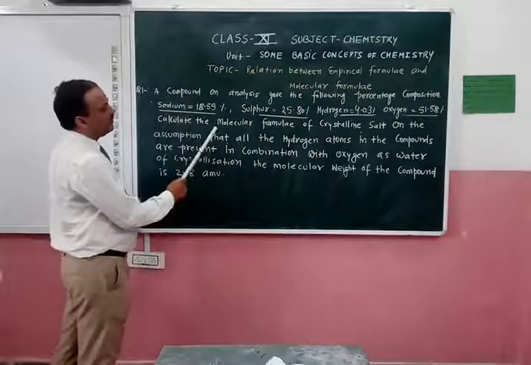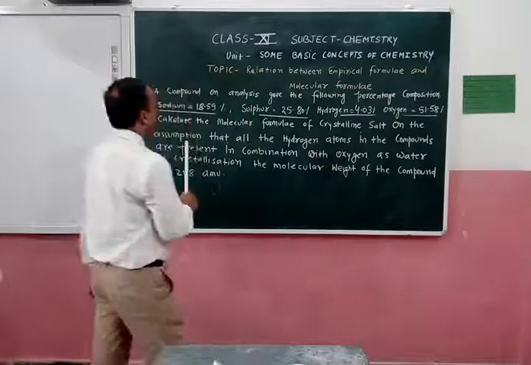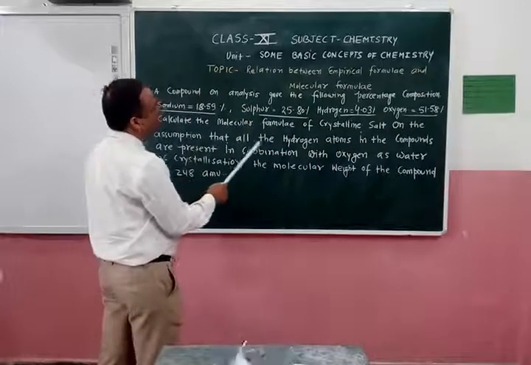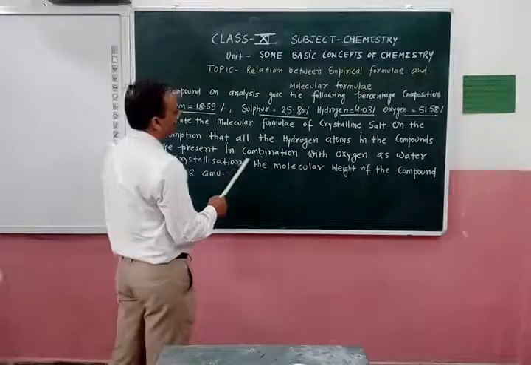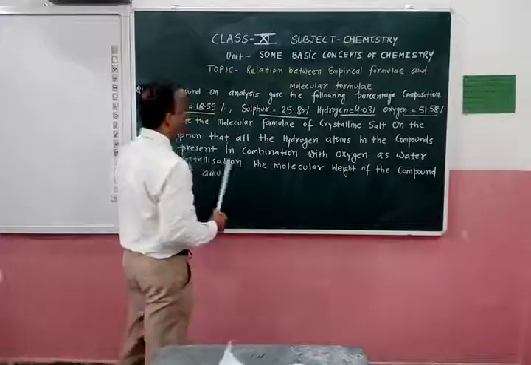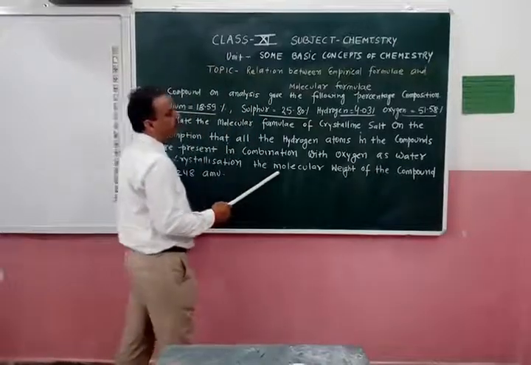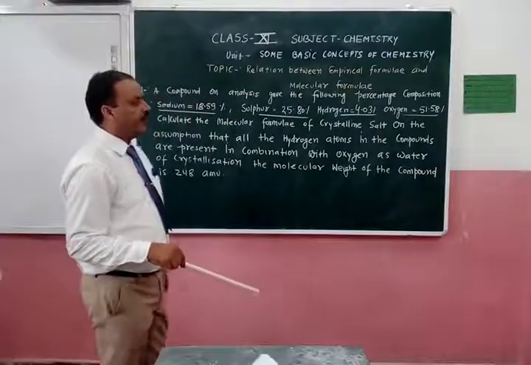Calculate the molecular formula of the crystalline salt on the assumption that all the hydrogen atoms in the compound are present in combination with the oxygen as water of crystallization. The molecular weight of the compound is 248.